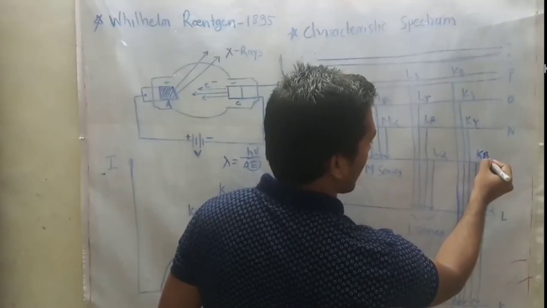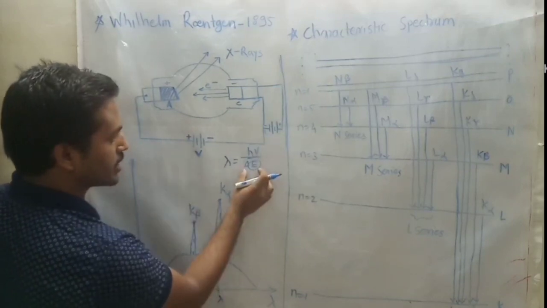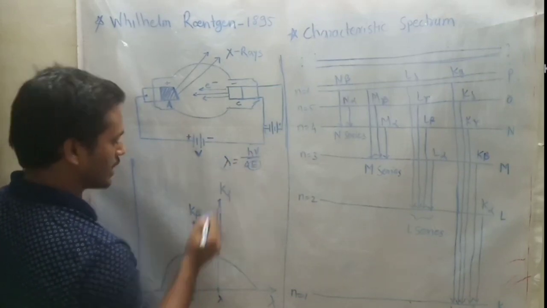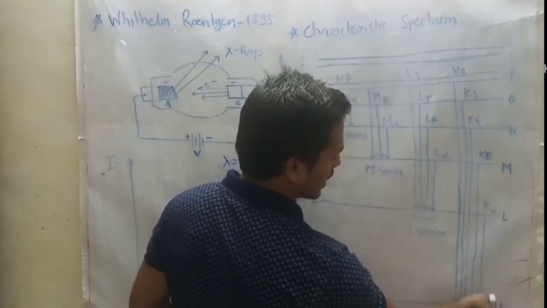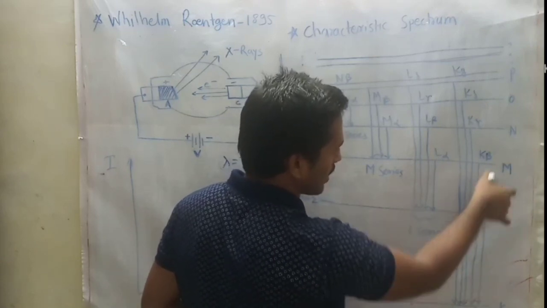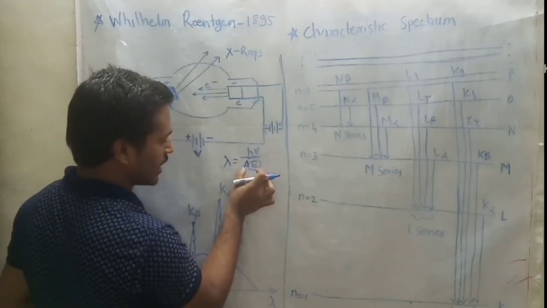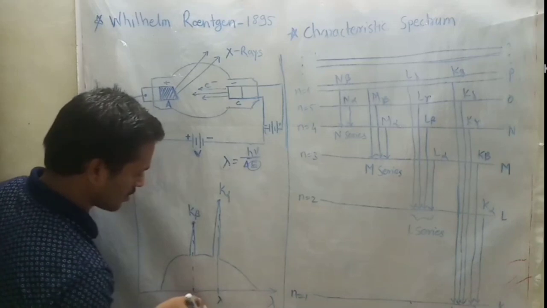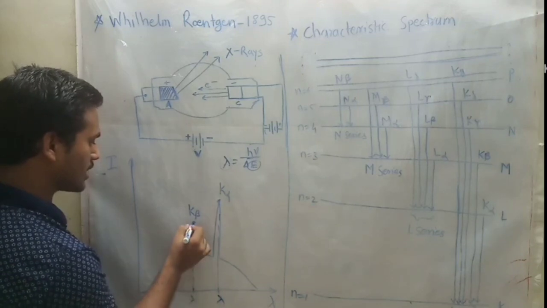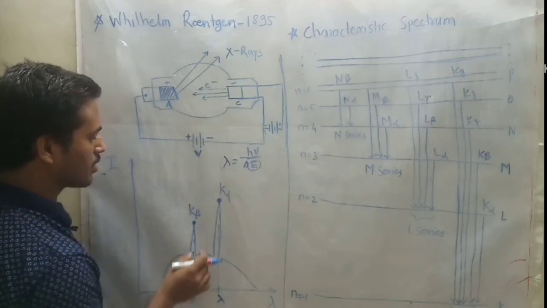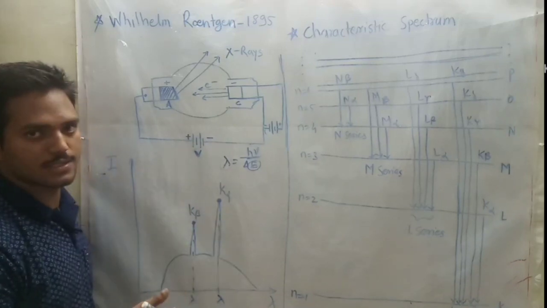The K beta line has the highest energy difference, hence its wavelength is smaller than that of the K alpha line. If the energy difference is less, then the wavelength is greater. These sharp peaks indicate the particular spectral lines.